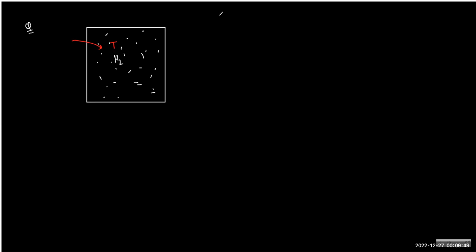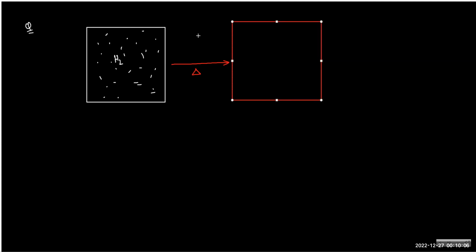There is a container, and this container contains some gas, H2. We supply some heat. Let's say we have 2 mole of H2 and the temperature is 300 Kelvin.